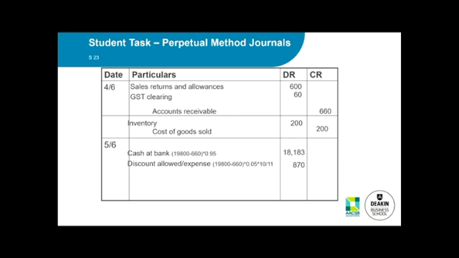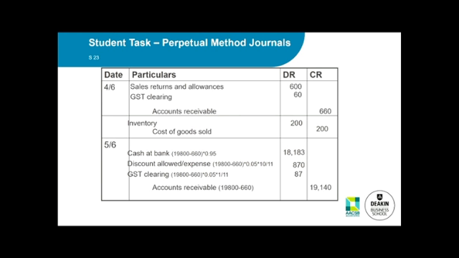So let's have a look at the calculation. The discount allowed is going to be $957, as you correctly pointed out, but of course 10/11 of that is going to be the actual discount, and then $87 is going to be our GST clearing, right? And then we add them all together and we'll get the balance that we have to offset it by, $19,140. Okay.